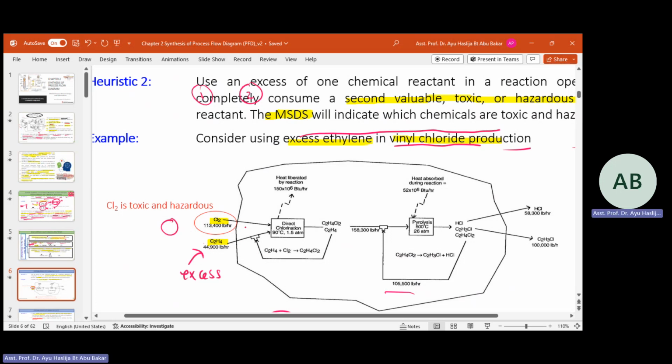So from this PFD, you can see chlorine is completely converted to the main product, VCM, and also the byproduct, HCl. There is no chlorine gas release.